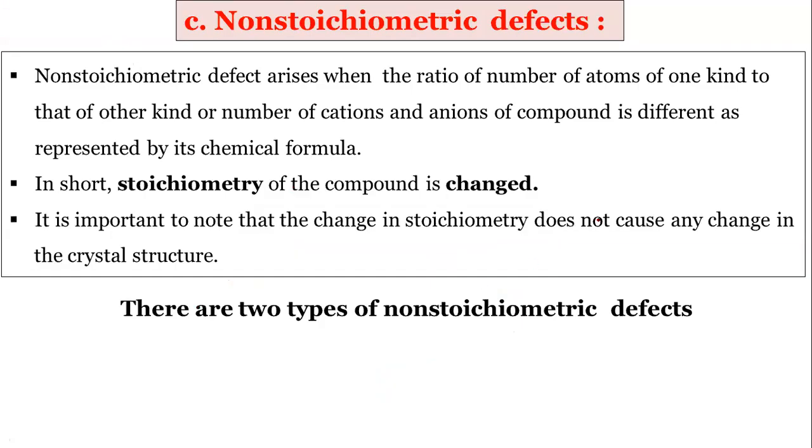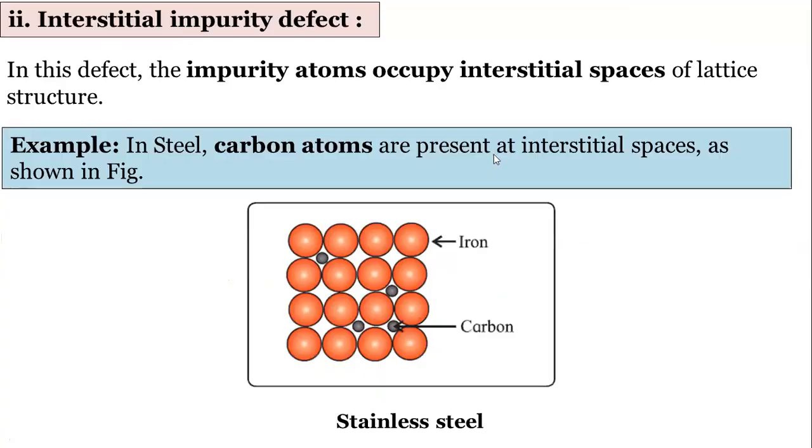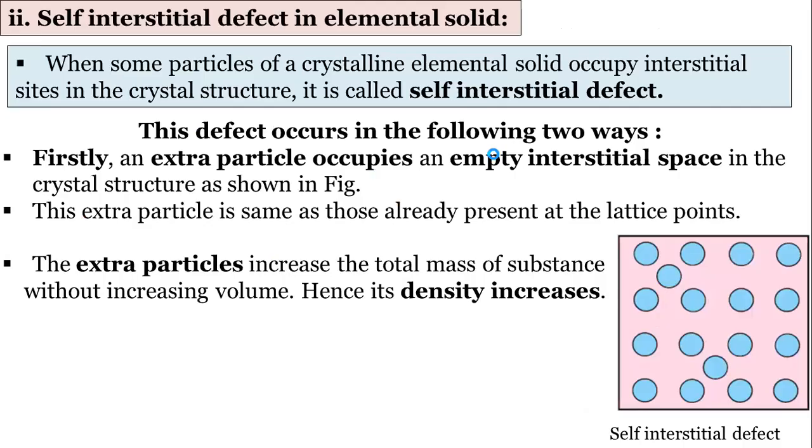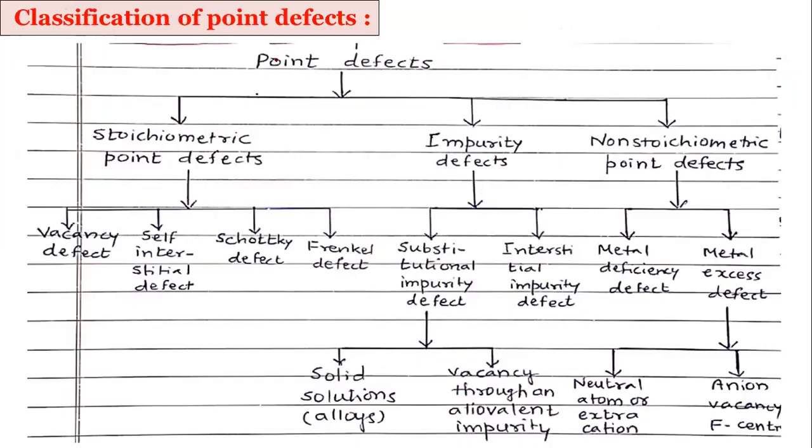Then this is the last part of this chapter, which is called non-stoichiometric defects. Again, I am going to show you this classification. See, in point defects, the stoichiometric point defects are completed: vacancy defect, self-interstitial defect, Schottky defect, and Frenkel defect.